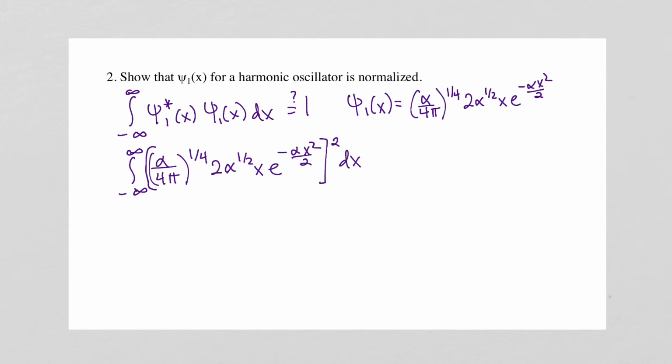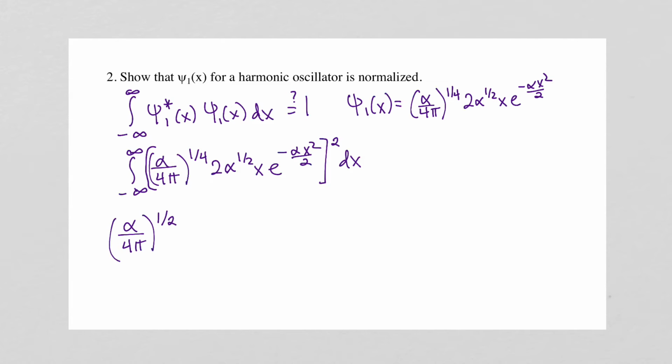Okay, so let's pull out all of our constants. So let's get our normalization constant out here. Let's get that part of our Hermite polynomial out of there and focus on exactly what we have to evaluate in our integral. So we'll just take these out front.